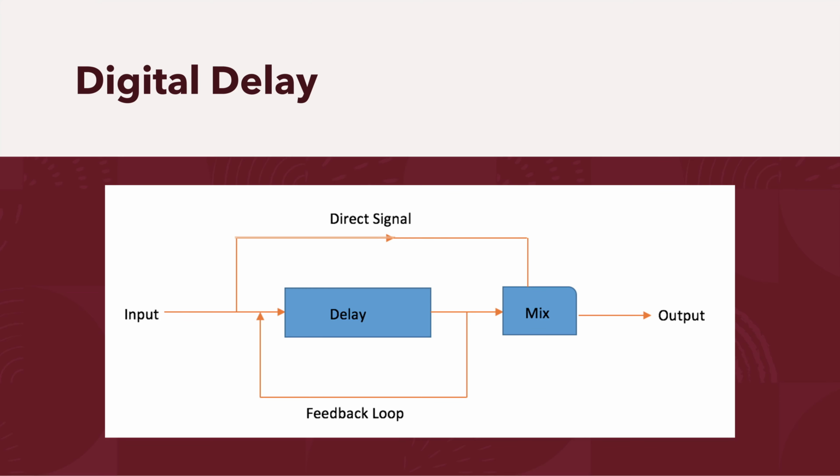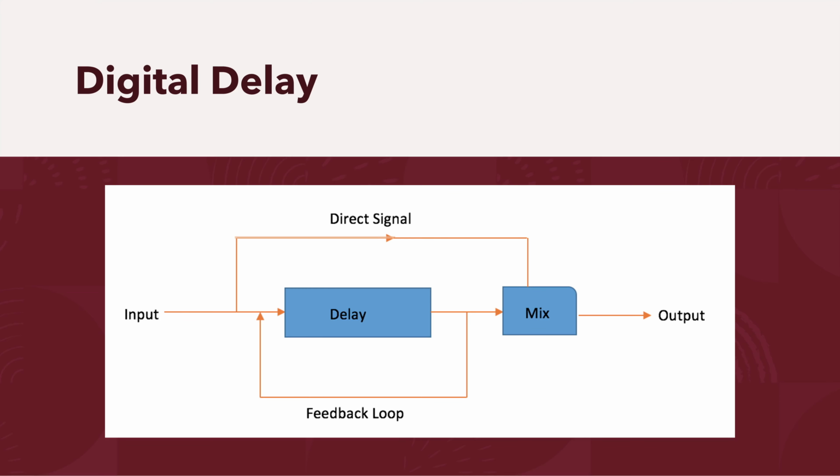That sound is passed straight through, which is what you see there as the direct signal. But it will also be delayed by a certain amount of time, and then that will also be passed through.